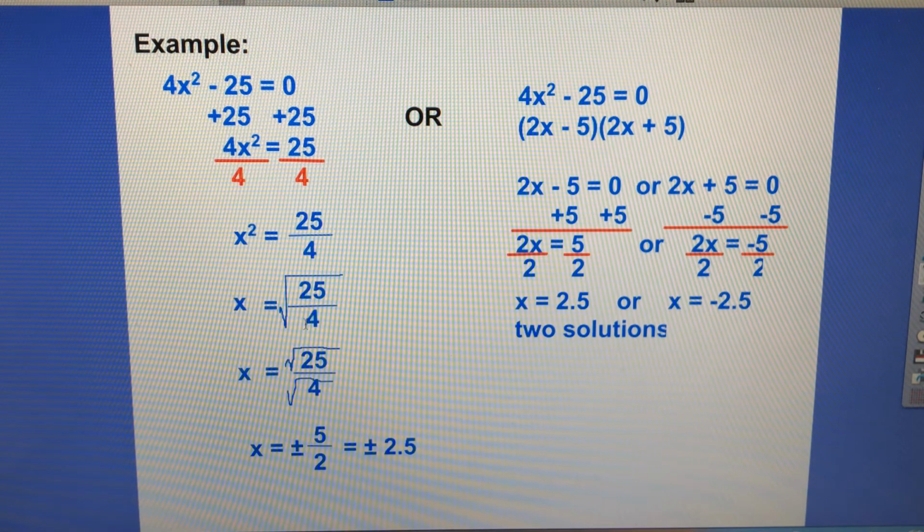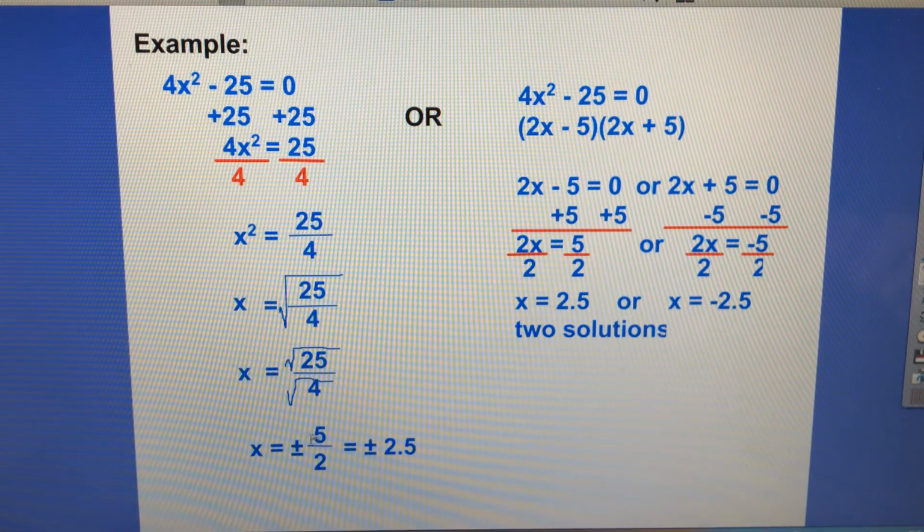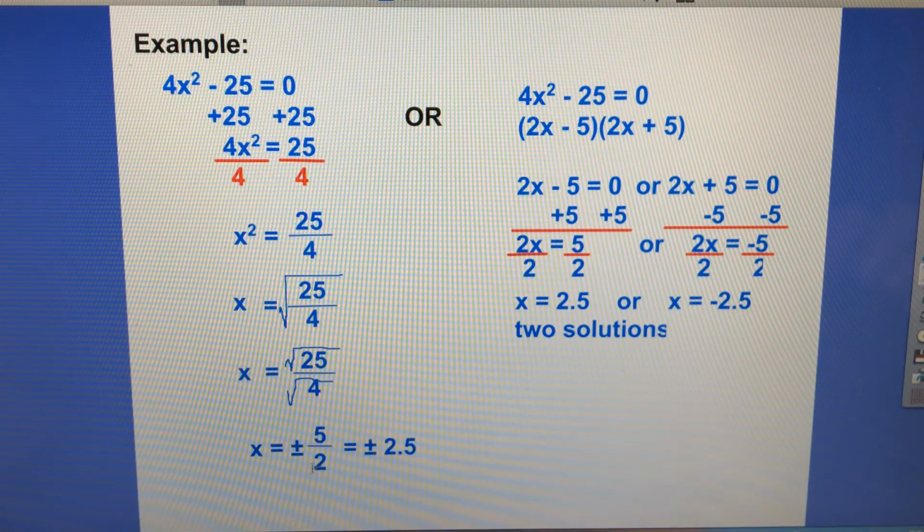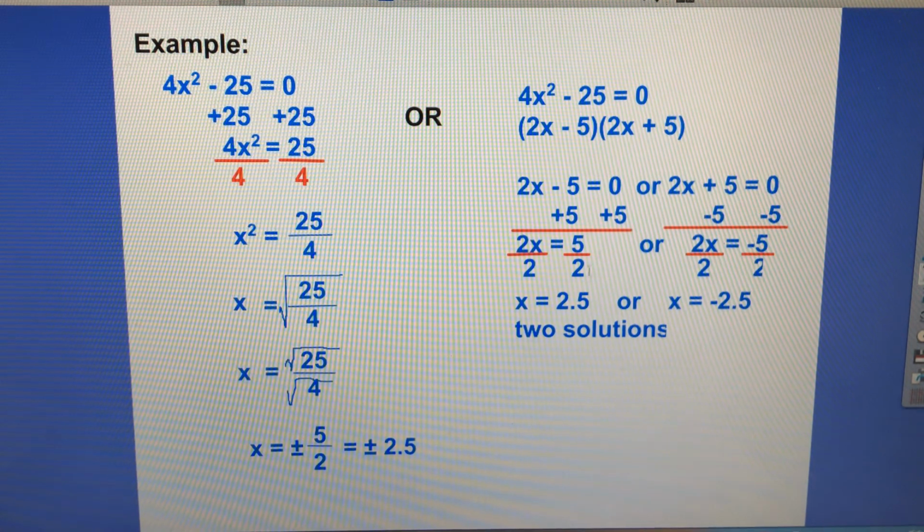Remember, if the numerator and denominator are both perfect squares, you can separate them and take the square root of each. In this case, they are both perfect squares, so the square root of 25 is 5, the square root of 4 is 2. Plus or minus 5 halves, or plus or minus 2.5.